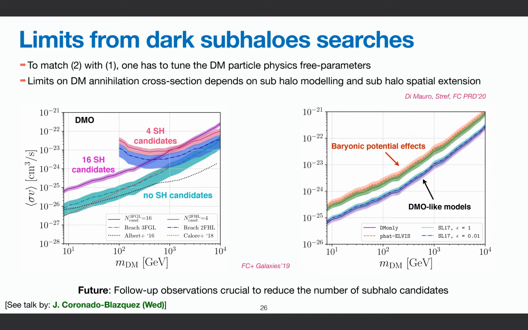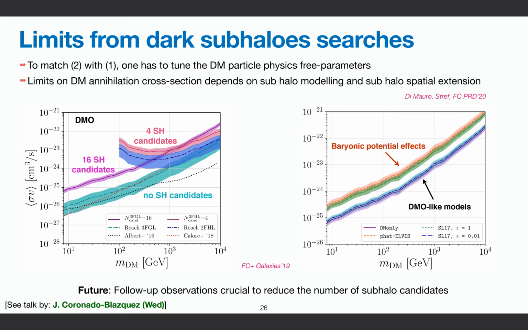So on the left, you can see how the constraints actually depend on the number of subhalo candidates that you have left in the catalog. And the reach, let's say, of your search is when you are able to exclude that all sources that are left unassociated in your catalog are actually dark matter subhalos. And this is at the level of what we can do with dwarfs nowadays.